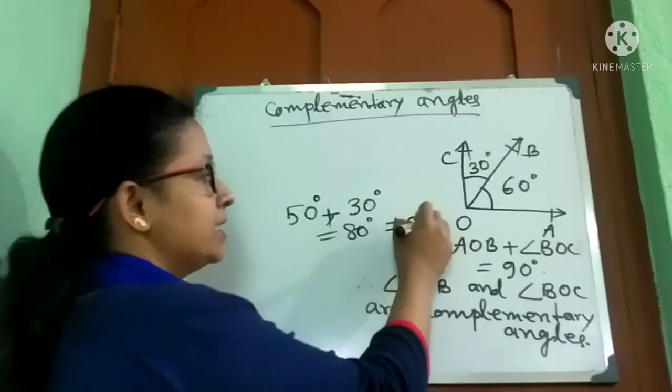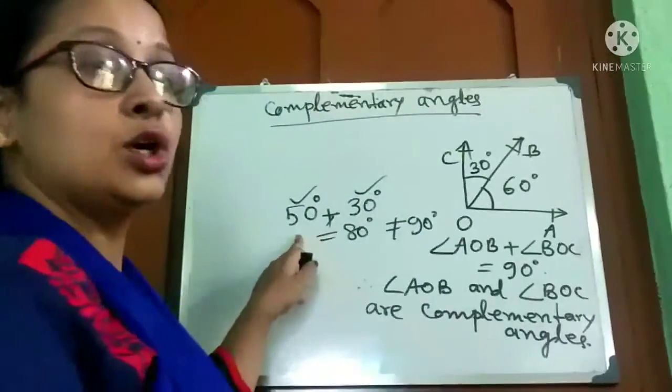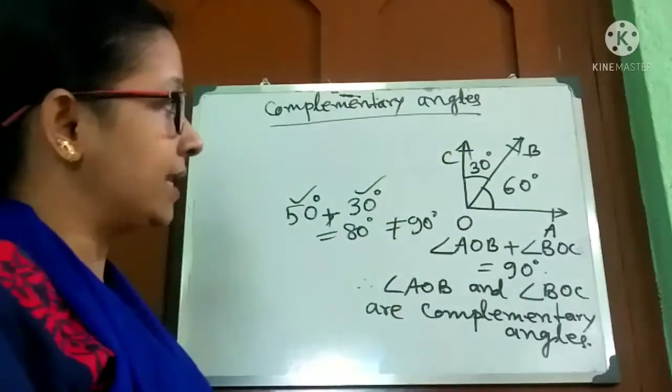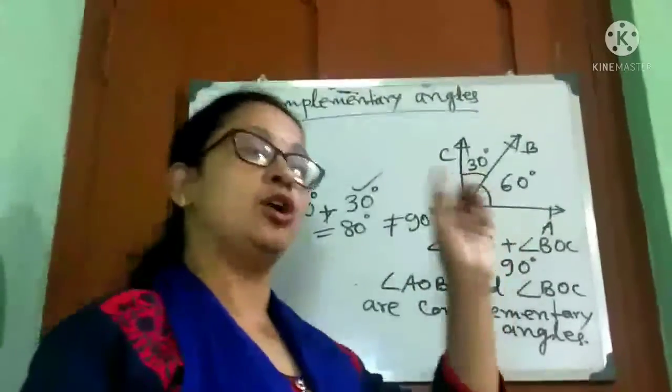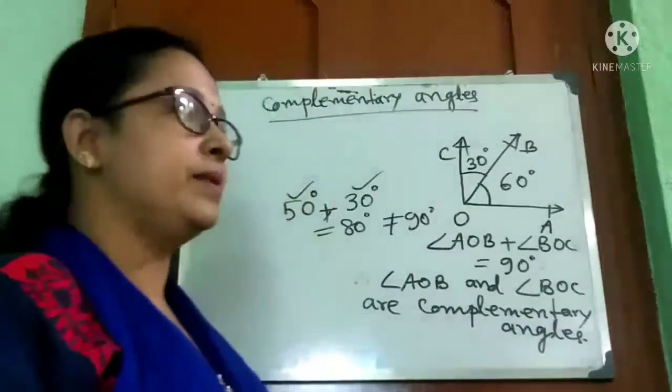So these two are acute, but they are not complementary. Here 60 and 30 are both acute and complementary. When angles are complementary they will be acute, but any two acute angles cannot be complementary to each other.